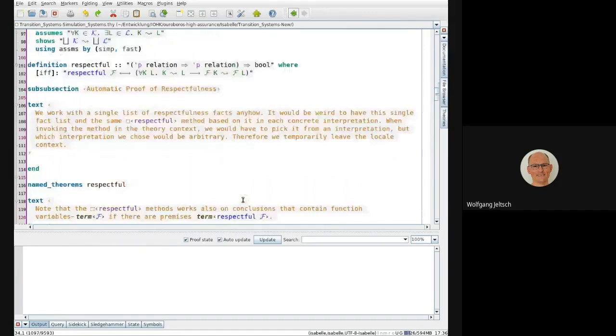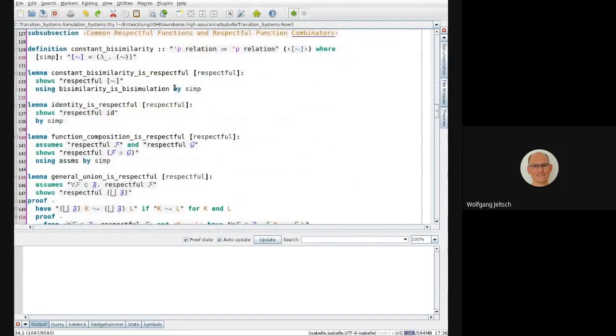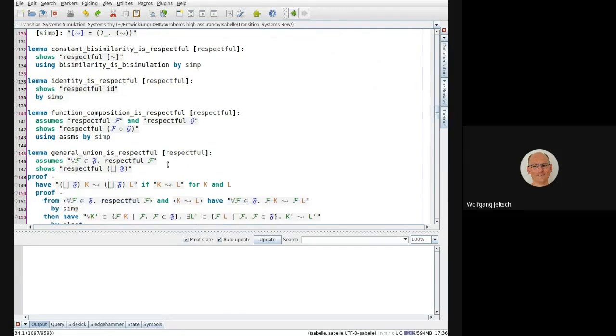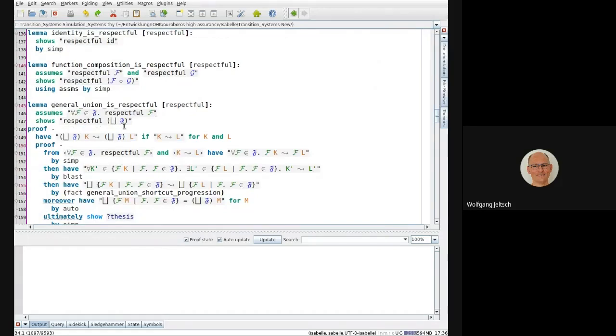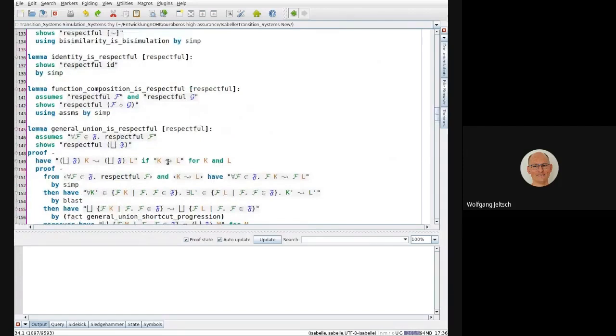And then we had these numerous preservation rules. First we had these base cases, like constant bisimilarity, where independently of k, f of k is the bisimilarity relation. This is respectful, identity is respectful, respectfulness is preserved by function composition, and the union of respectful functions is respectful, where the union can be an infinite union.